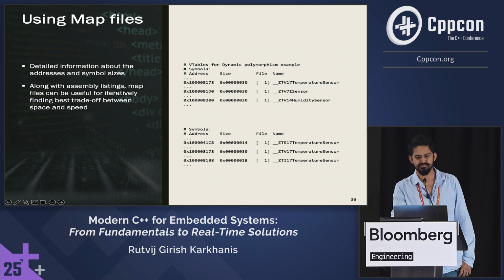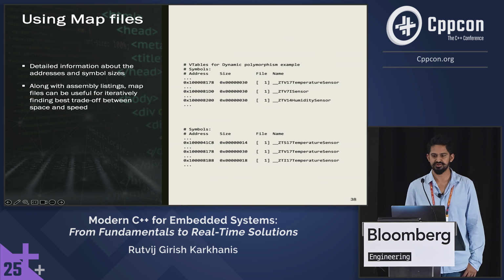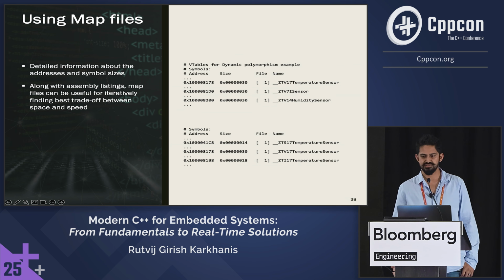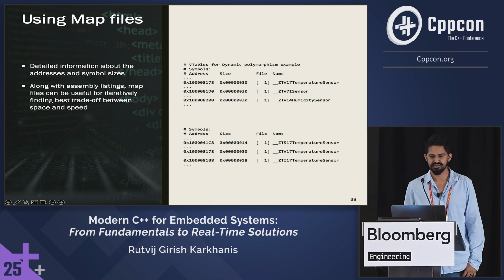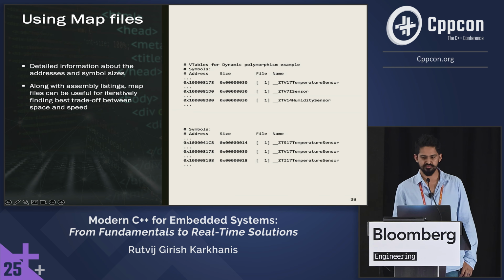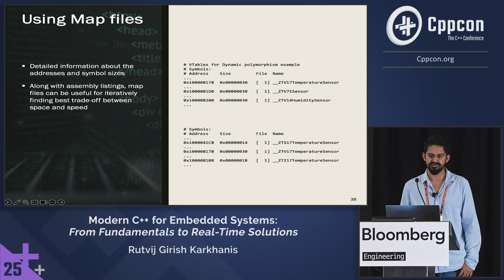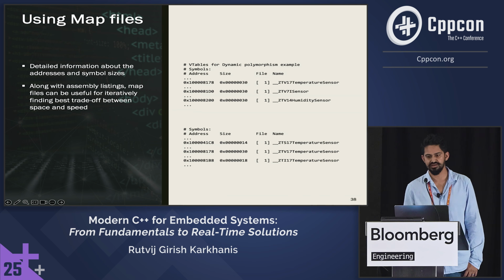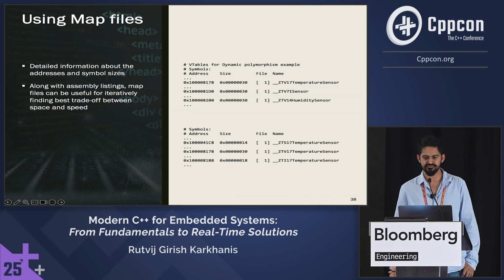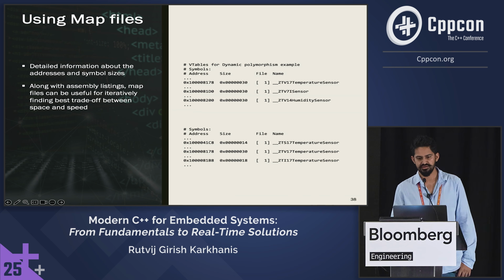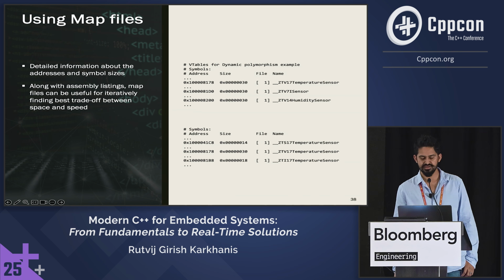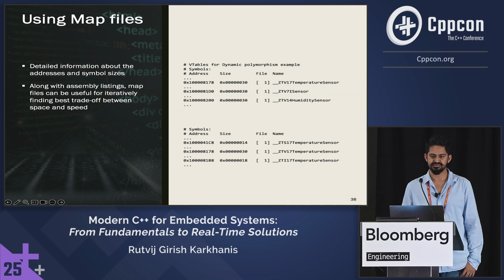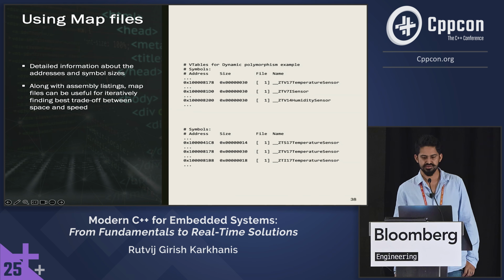Map files. Map files are incredibly useful for understanding exactly what the compiler and the linker have produced. Considering the previous example for dynamic polymorphism, from the map files, we get a clear insight into the vtables for each of the classes. Each of these symbols represents a static read-only array of function pointers that the compiler places in your final executable.